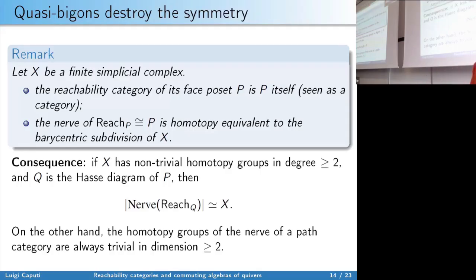The nerve associated to this face poset is going to be the barycentric subdivision of the complex itself, which means that the nerve of the reachability category is homotopy equivalent to X. And this implies that it can have homotopy groups of any dimension of any sort. So the reachability category and the path category cannot be alike when there are quasi-bigons. This might be disappointing, but it actually is good news, at least for our motivation, which was to apply these categories in applied topology or topological data analysis.